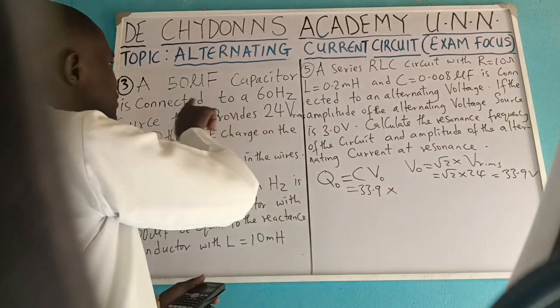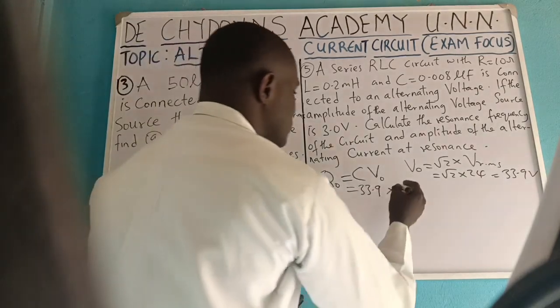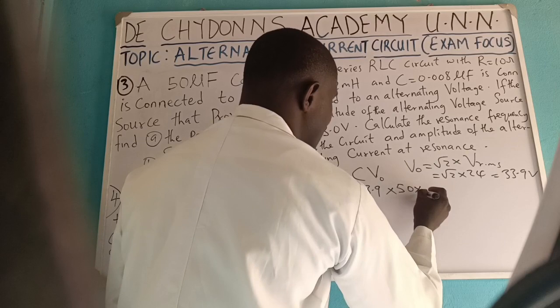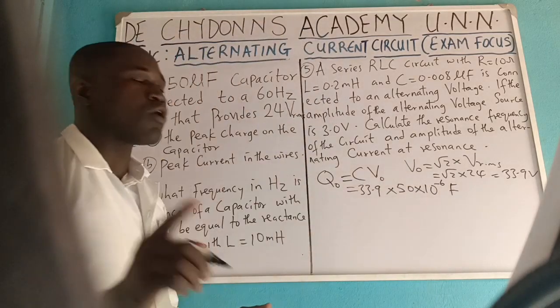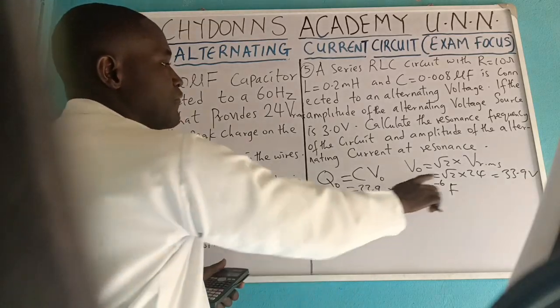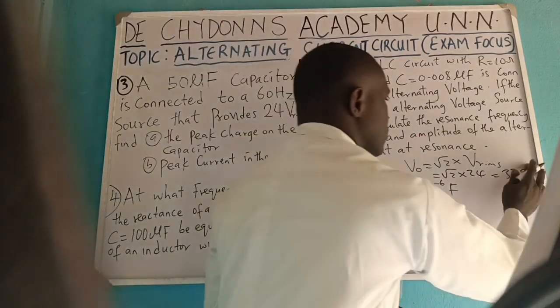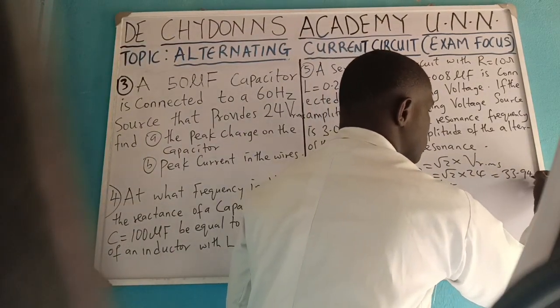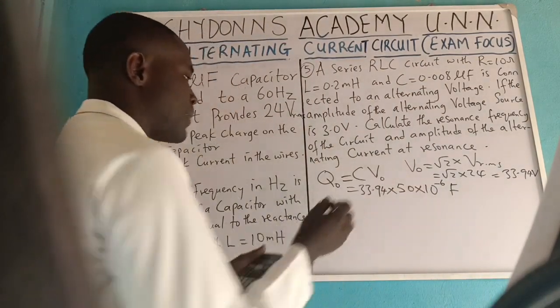The capacitance of the capacitor is 50 microfarad, that means 50 times 10 raised to the power minus 6 farad. Micro means 10 raised to the power minus 6. So we have this times 33.94 volts.